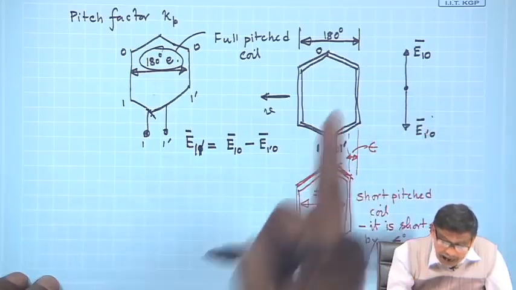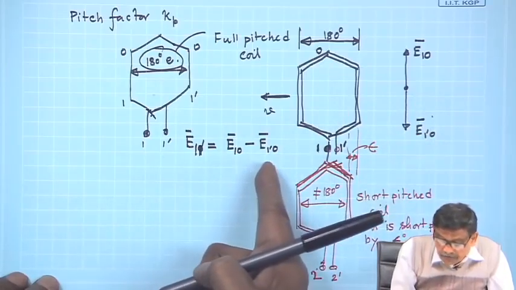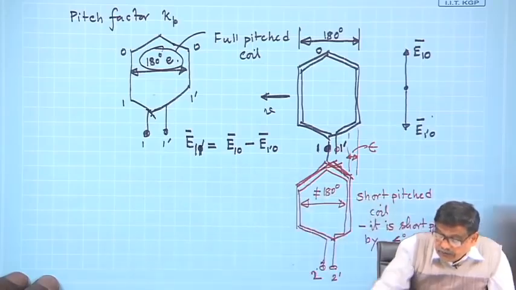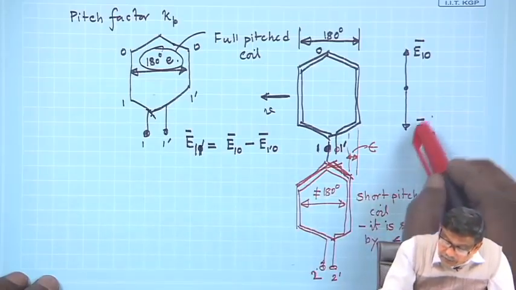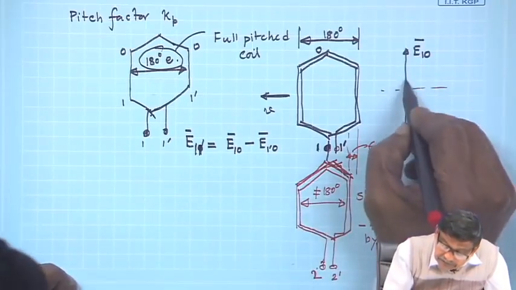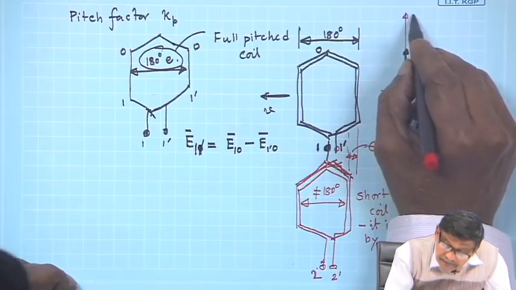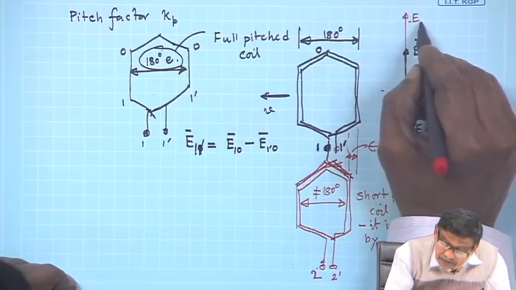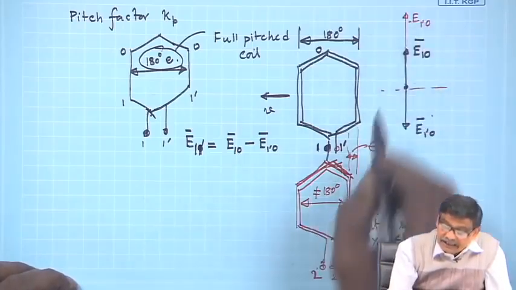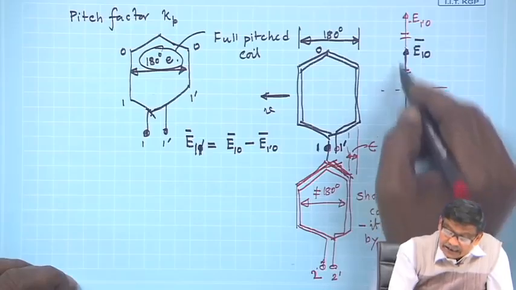So, I have to add to E 1 O the negative of E 1 dash O. E 1 O is here. To this you now add the negative of E 1 dash O. The lengths are same, so that you will get twice the voltage.